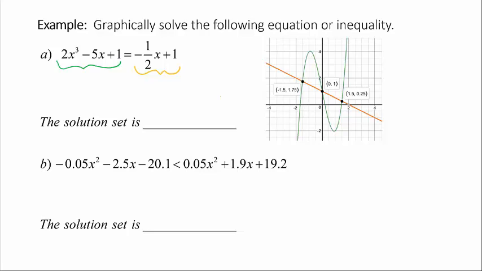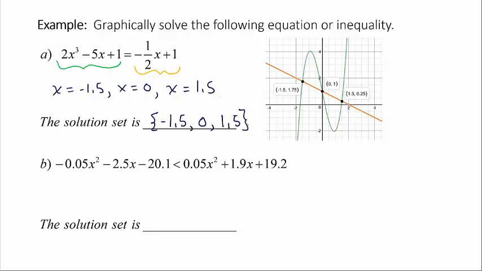I highlighted those intersections. It happens at x equal to negative 1.5, x equal to 0, and x equal to 1.5, all 3 of those values. And so the solution set is negative 1.5, 0, and 1.5.